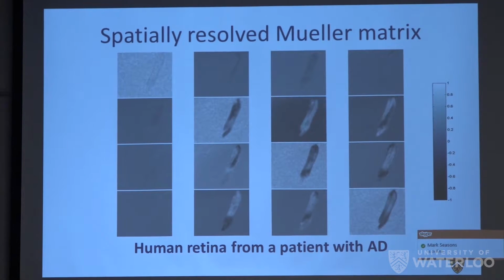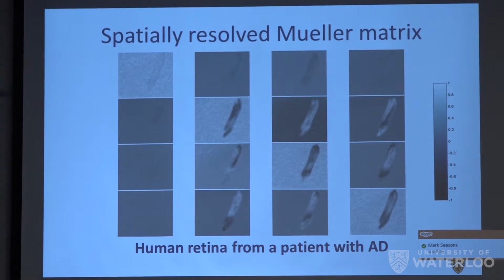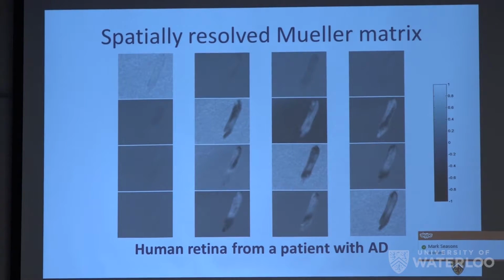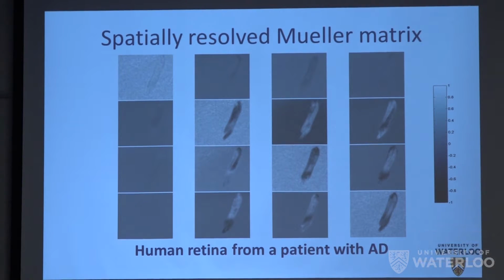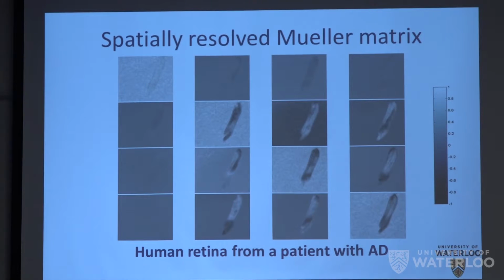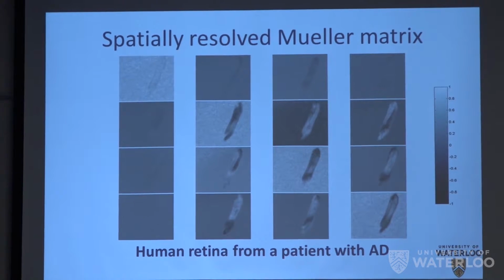So we take these images as a function of the pixel position on the retina. And so these are what are known as Mueller Matrix values for each position on the retina. Now, a Mueller Matrix value tells you the interaction of the tissue with the incident polarized light.